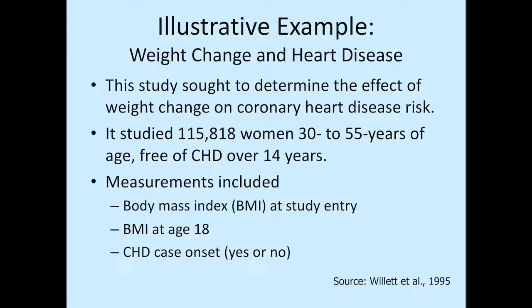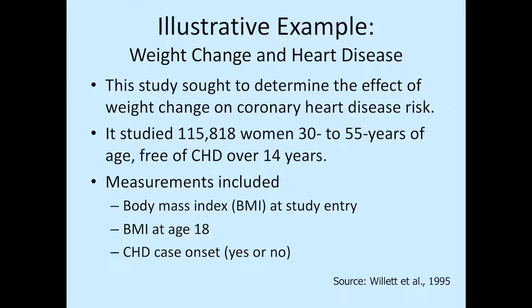So here's an example. They have this illustrated example in the book, and they had a study on weight change and heart disease. The study had 115,818 women aged 30 to 55 years old. They're free of CHD over 14 years.